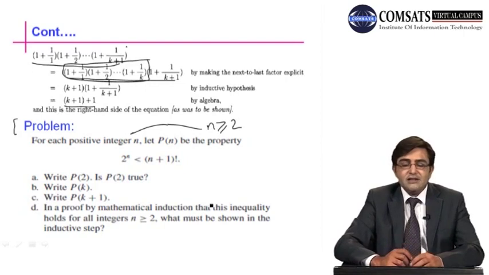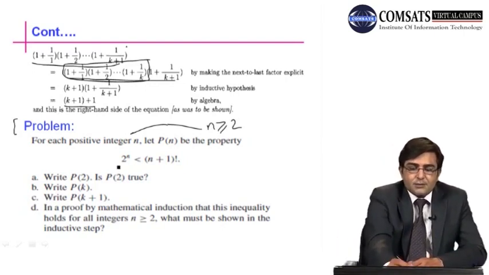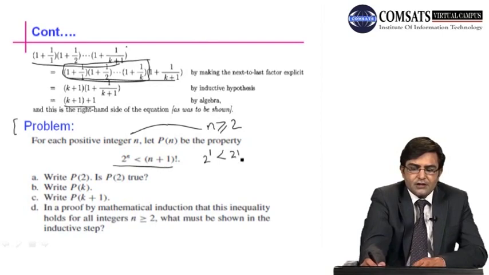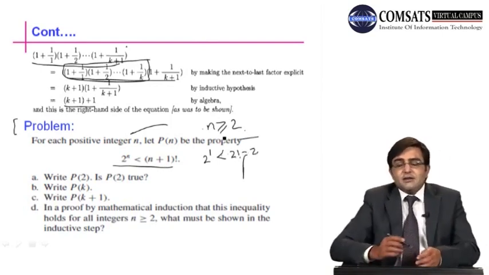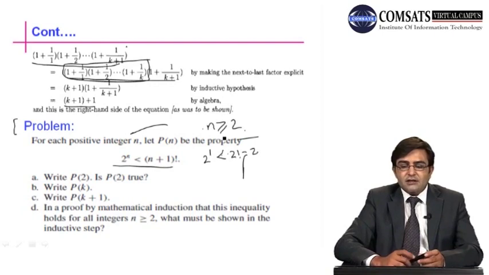If not, if we choose n is equal to 1, then this inequality is not true, because we get 2 power 1 is less than 2 factorial, and 2 factorial is 2. So there must be this condition, n is greater than or equal to 2. So if n is greater than or equal to 2, then for the first value of n we have to check P(2) is true.